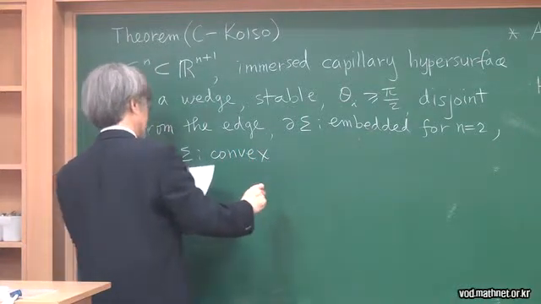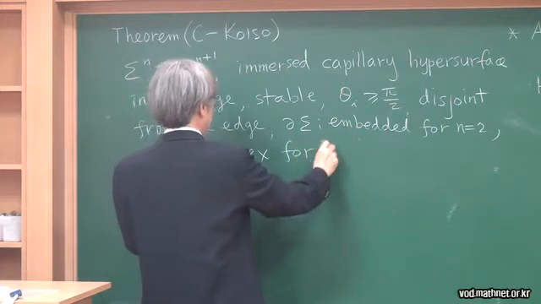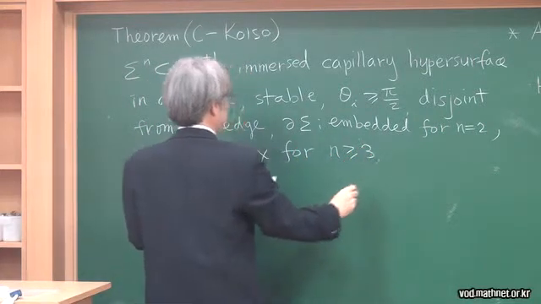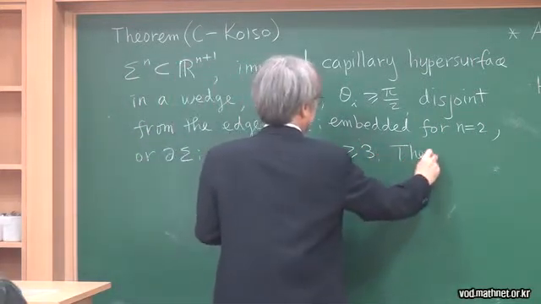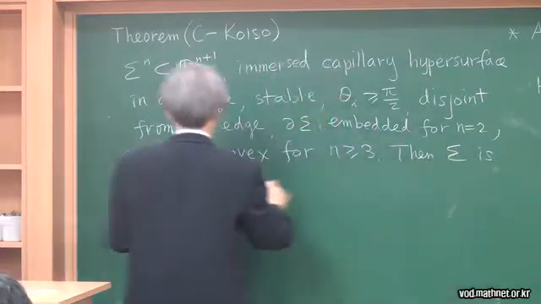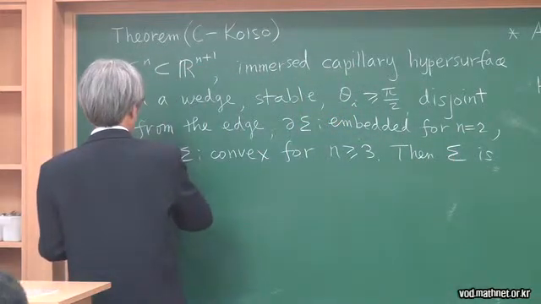So it's embedded and convex for higher dimension. Then sigma is part of the round sphere.